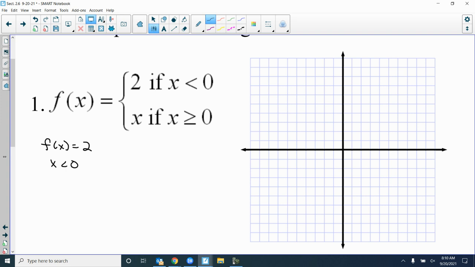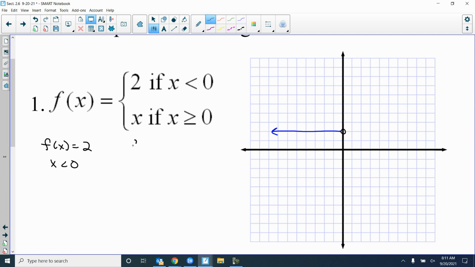Okay. You do need to go up to the point 0. You can't stop at like negative 1. You got to include negative a half, negative a quarter, you got to include all those. So you put an open dot at 0, 2, and then this one is going to be a horizontal line to the left. It cannot go past that 0 because it doesn't exist there.